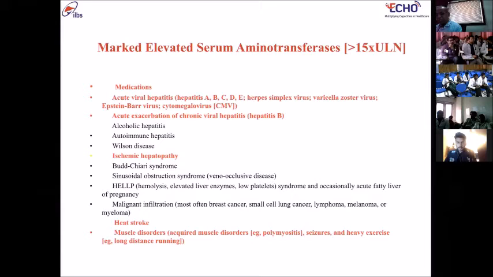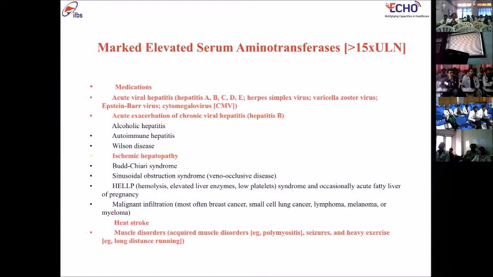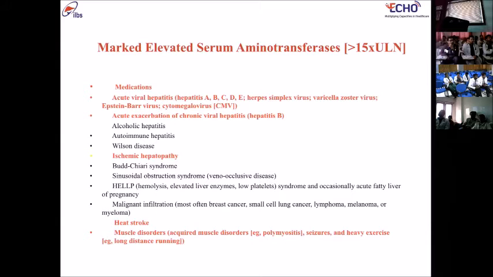Then reactivation of hepatitis B, autoimmune hepatitis, Wilson's disease, Budd-Chiari syndrome, then veno-occlusive disease can cause elevation of the aminotransferases. The HELLP syndrome, that is hemolysis, elevated liver enzymes, low platelets, seen in pregnancy, fatty liver of pregnancy, then infiltrative liver disease, which can be secondary to infiltration by multiple malignancies, lymphoma, myeloma, then heat stroke and muscle disorders can cause elevation of the AST and ALT.